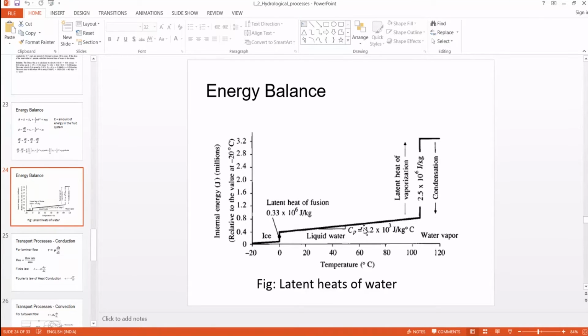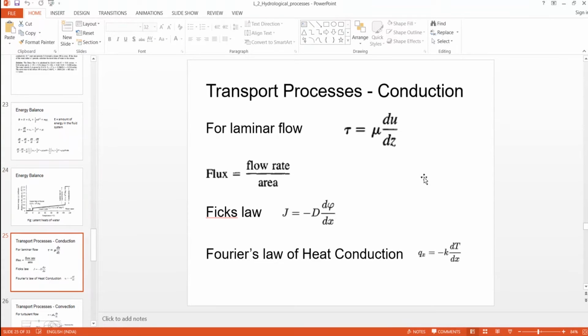Similarly, on land or in the oceans, when evaporation takes place, the water is at atmospheric temperature, but it takes energy from the sun, then it becomes vapor. The energy required is called the latent heat of vaporization, equal to 2.5 times 10 power 6 joule per kg.